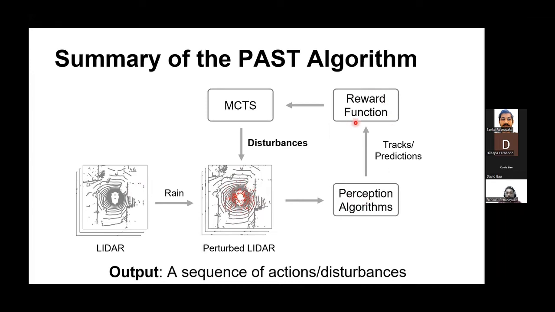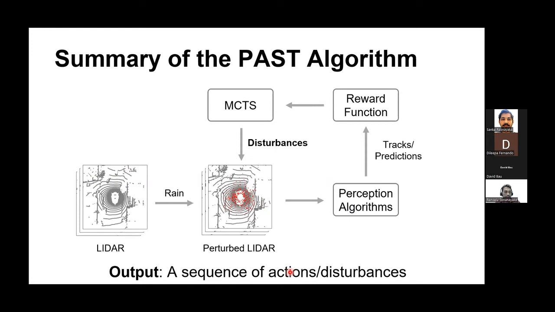You get some rewards, and using the MCTS algorithm, you find the disturbances. Because of the way we define our reward function, we find the most likely disturbances. That is what we really need: a sequence of actions or disturbances so that we find the most likely failures.